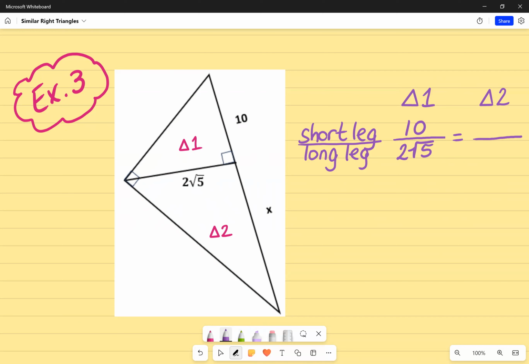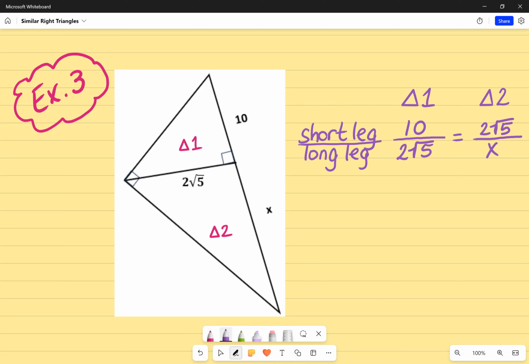What does matter is when I go to triangle 2, I see that they share a leg. If they share a leg or any part of that triangle, it has to be set diagonally apart from the other one. So if I have already used 2 radical 5, the only thing that's left for triangle 2 is X. So that's what's going to go on the bottom.